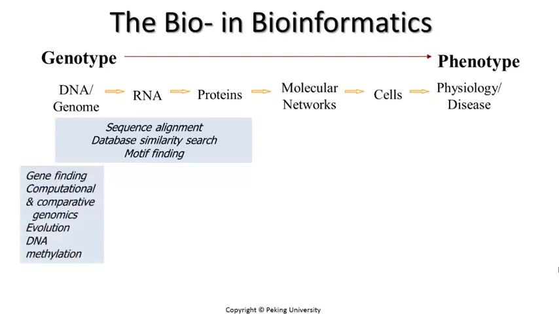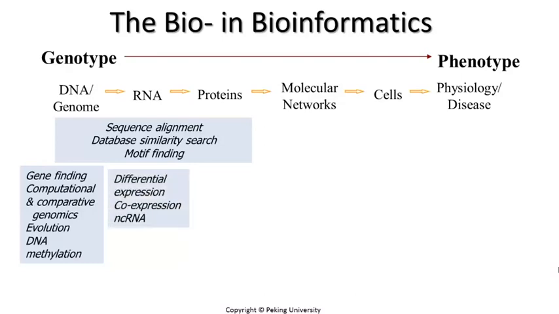Given DNA and genome sequences, how can we find the genes in the vast genome? How can we compare the similarity and difference between two whole genomes and reconstruct the evolutionary history? What are the syntenic regions between two genomes? How can we identify which genomic regions are methylated?